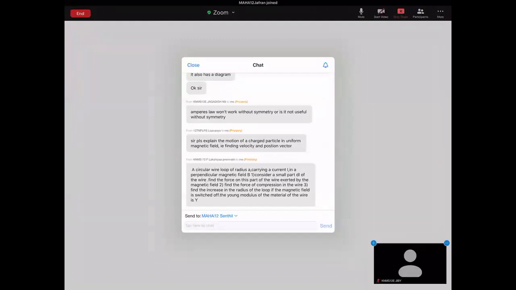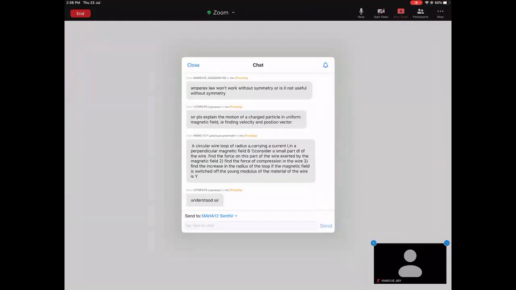Circular wire loop of radius r, carrying current I, in a perpendicular magnetic field. Consider a small part dl of the wire. Find the force on this part of the wire exerted by the magnetic field. Find the force of compression in the wire.